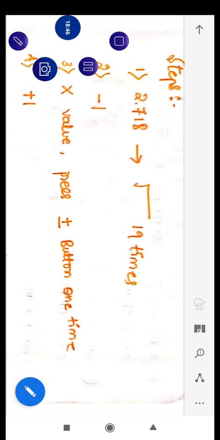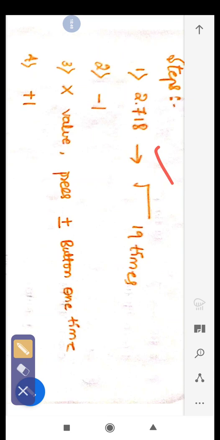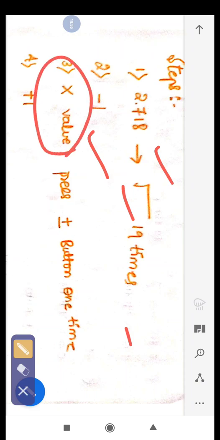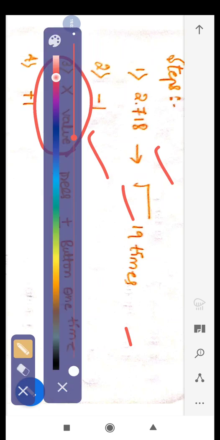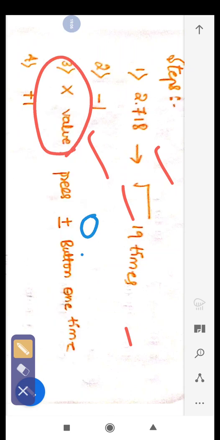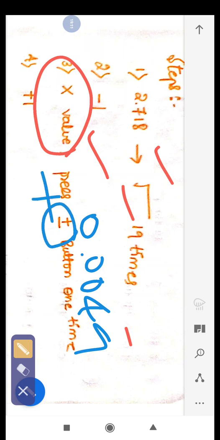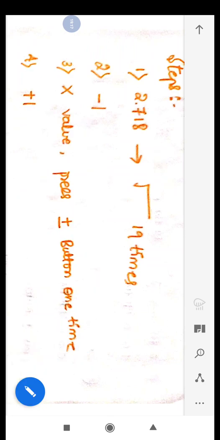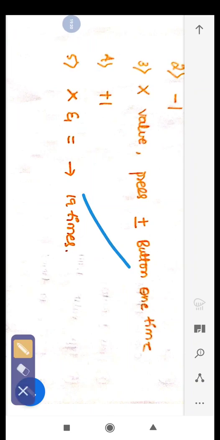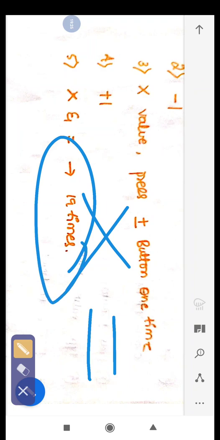See here, first press log value, square root for 19 times. In that, less minus 1 into the value, minus value of power. That is, here you need not press this minus. You just have to press the value. So 0.0049. After that, press this plus or minus button one time. After that, add 1. Last step is pressing equal and multiply button for 19 times. You will get the required value.